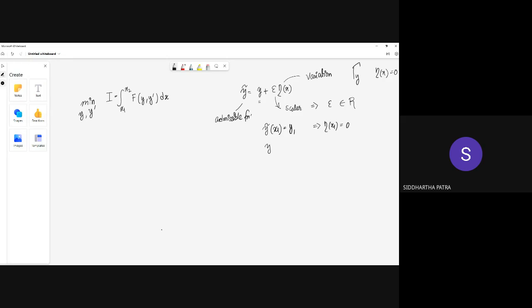And if it is given that y tilde at x2 is y2, if the values are known, then this quantity is 0. Okay. If you are not already familiar with the term, these are called Dirichlet boundary conditions.